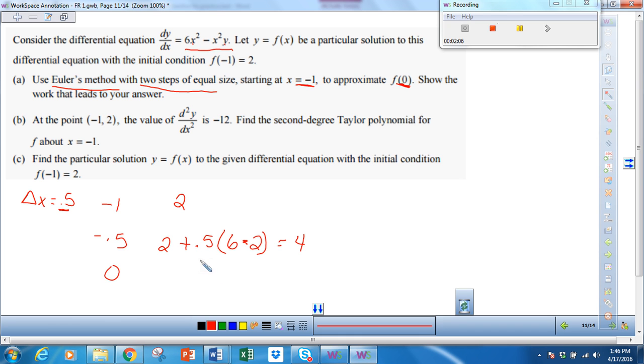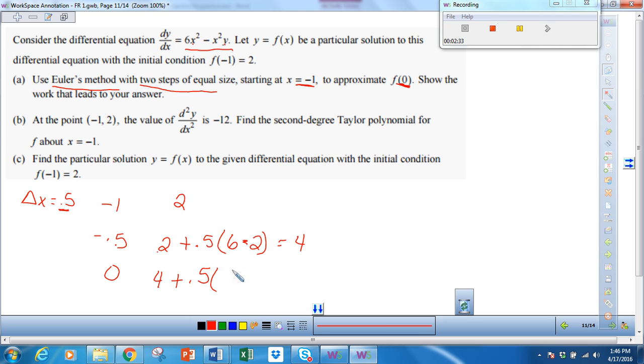And then the next value, sorry, I don't have my answers in front of me. Then to find the value at 0, I do it again, and I take my previous y, which is 4, plus my step value, times the derivative evaluated using my previous x and my previous y.